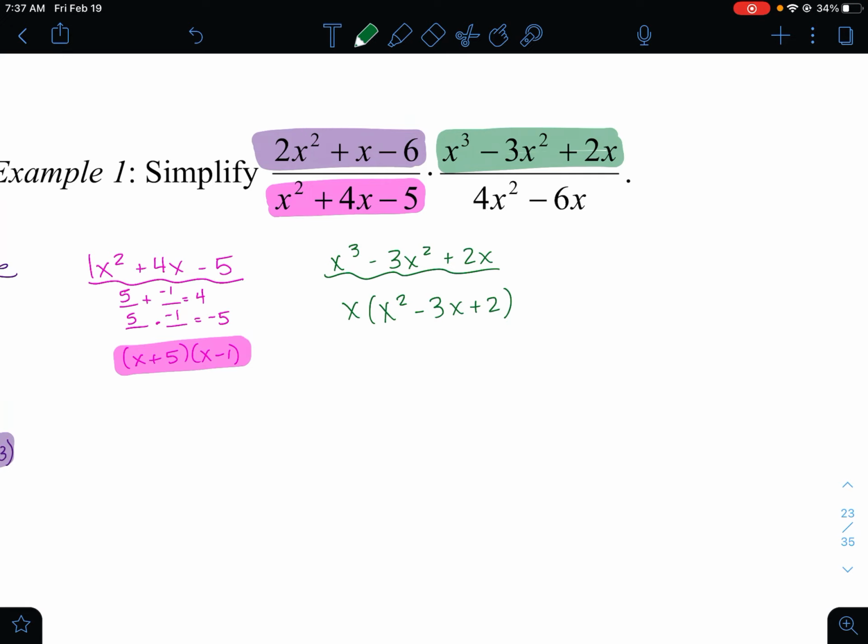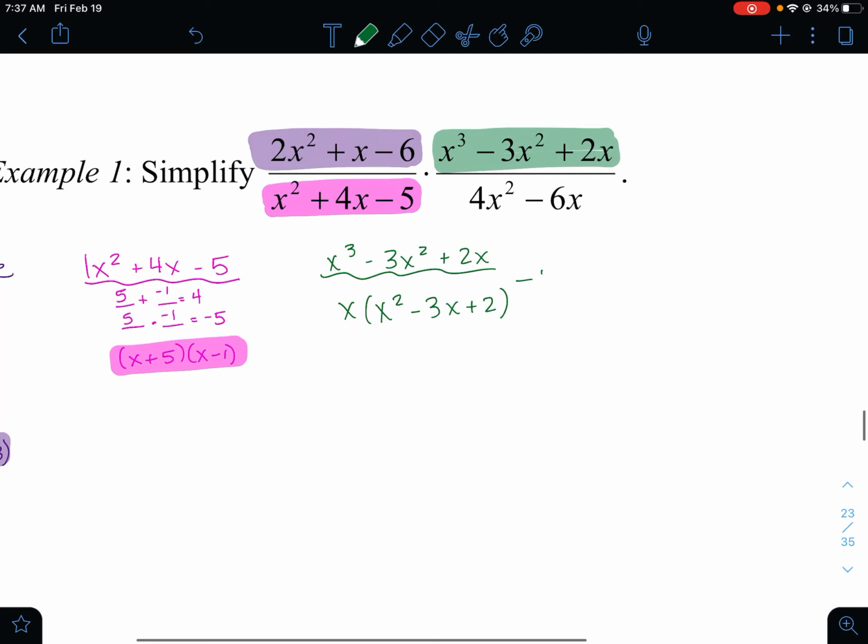That x outside is just going to follow us along. So I'm going to factor what's inside my parentheses like normal. I need two numbers that add to give me negative 3, but when I multiply them I get 2. That's going to be 2 and 1, and they're both going to be negative. Again, the leading coefficient here is just 1. Don't forget the x outside. Then I have x minus 2 times x minus 1.